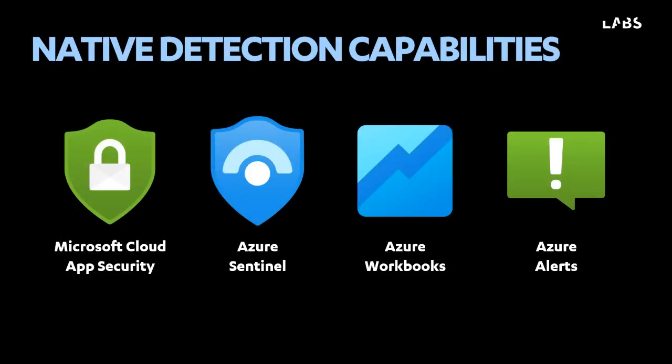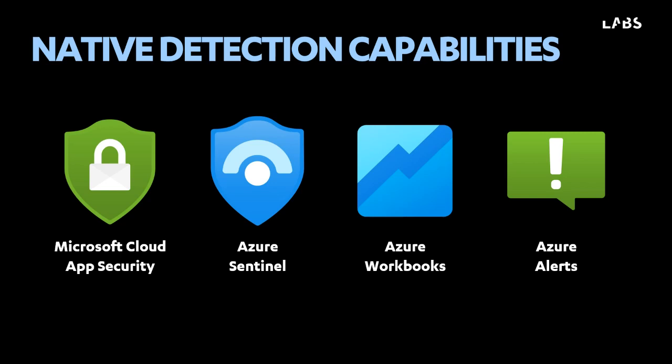Right, so we looked at the log events that could help us detect some of the consent phishing attacks, but it's worth acknowledging some of the native detection tools that Microsoft provides to do the same. Microsoft has built-in queries for several of their services that simplify searching for consent phishing.